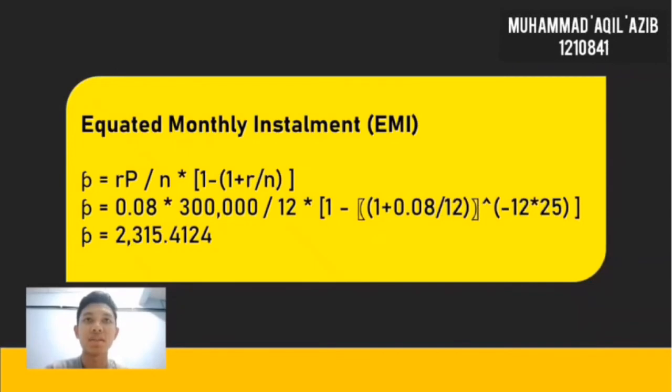And the final answer is $2,315.4124. Therefore, the equated monthly installment, or EMI, or monthly payment, is $2,315.41.